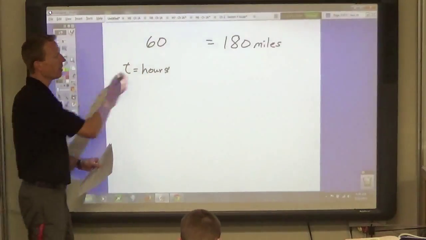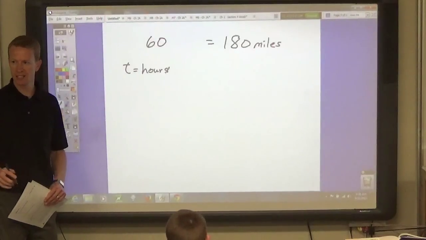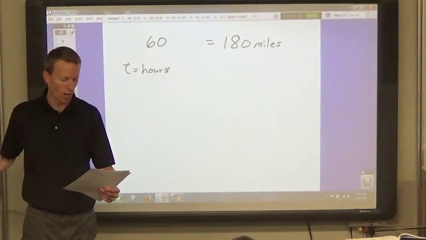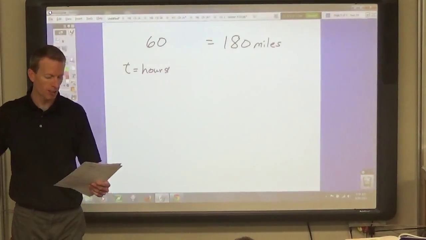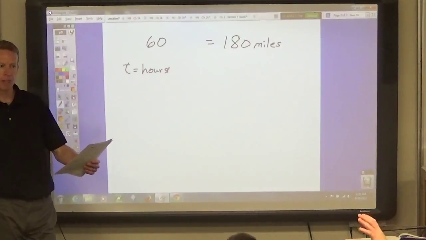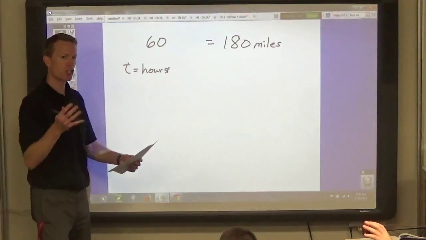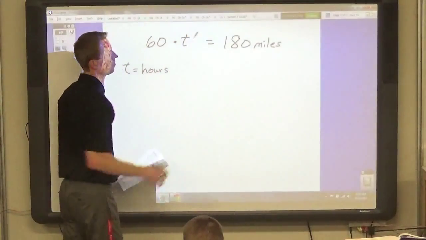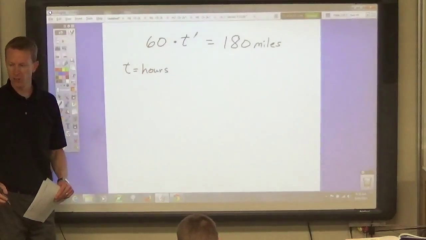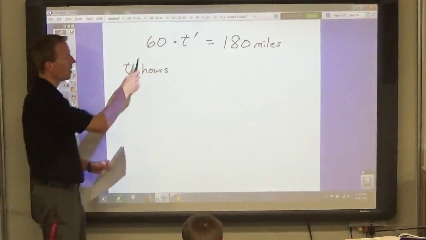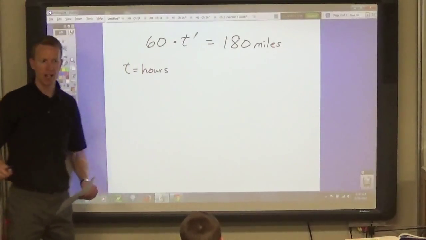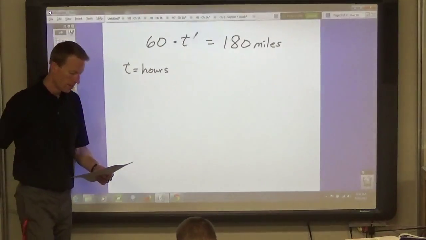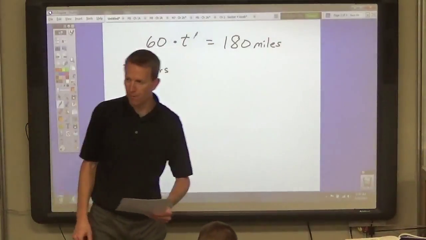Now, how would we put this into the equation? You rode 180 miles at 60 miles per hour. Let T be the time it took. What operation are we looking at? Times T, right? So that's what you should write first. 60 times T is 180 miles. Then, can T be 4?